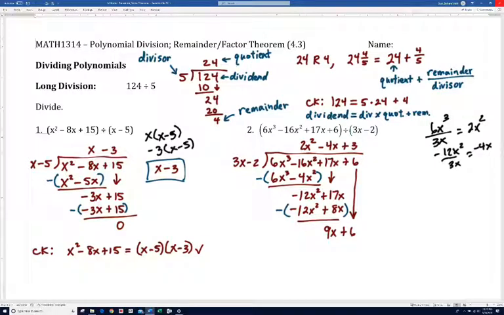And then when you distribute here, 3 times 3x minus 2, you'll get 9x minus 6. Now be careful here. This is not a remainder of 0. It's close. When we subtract, 9x minus 9x is 0. And 6 minus a negative 6, that becomes 6 plus 6, and you get 12.